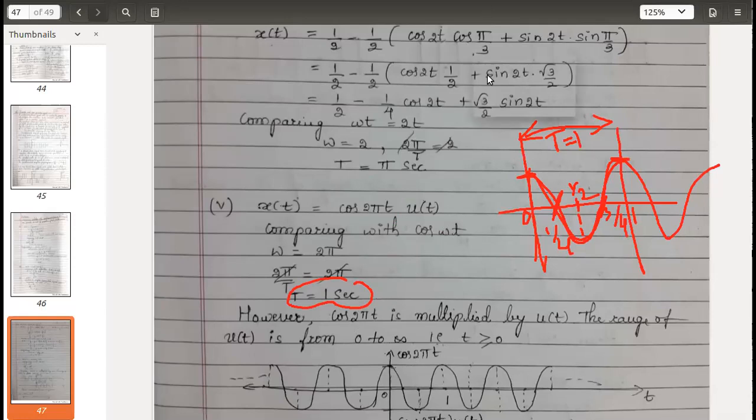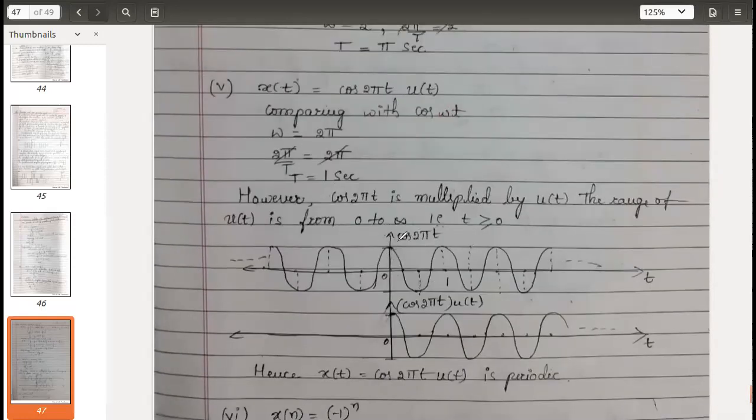The same thing I have drawn here. You can see it like this, between 0 to 1. This is the center point half. This is 1/4. This is 3/4. After this, again the signal is repeating. So the time period equals 1. I have drawn cos 2 pi t in this way, and on the negative side also.